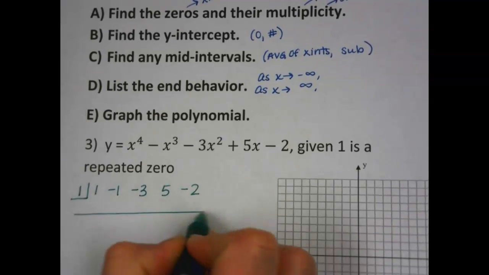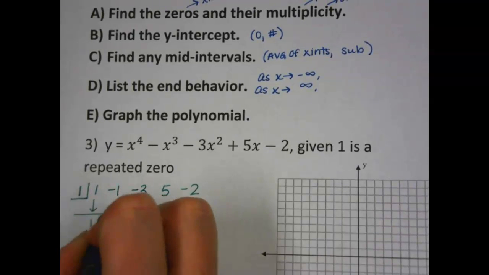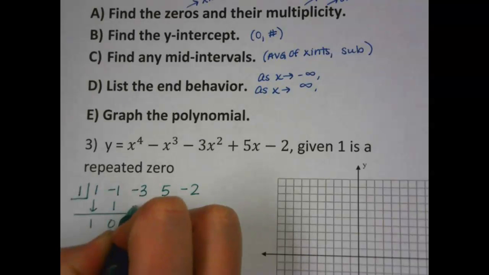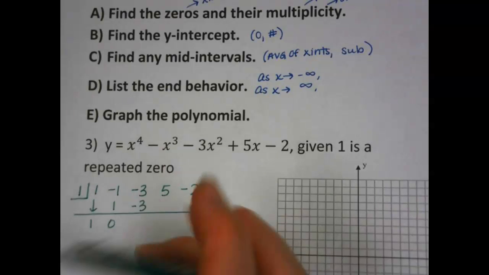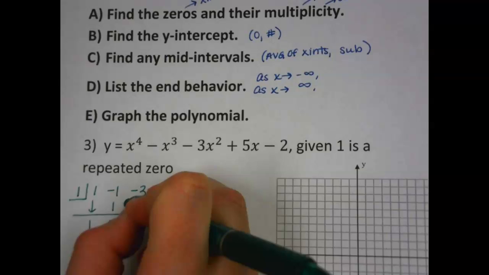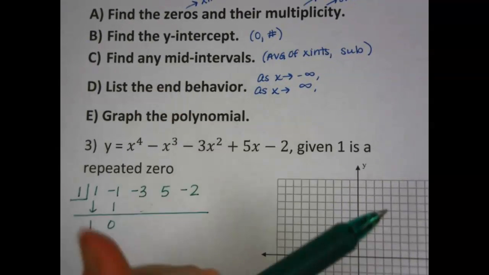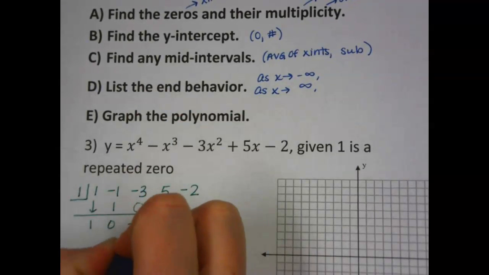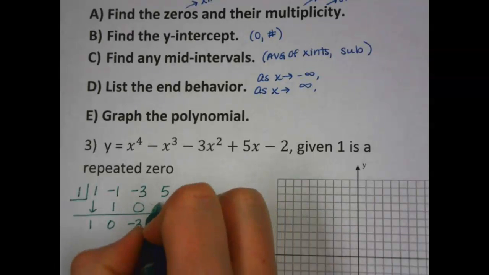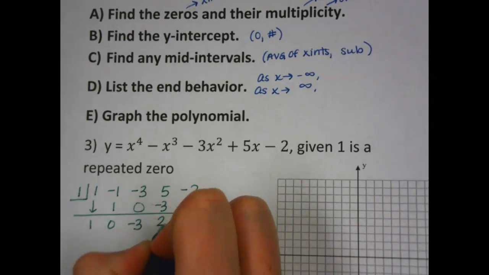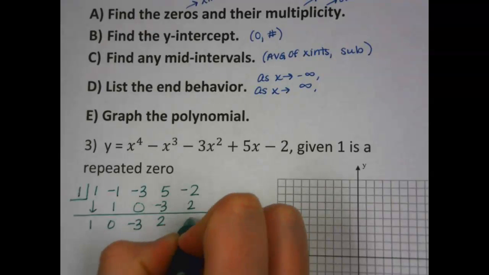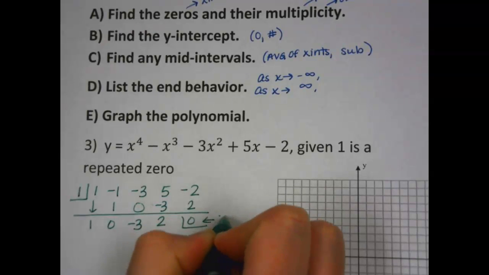Then we bring down this first one, multiply and add as we go across. Whoops, 1 times 0 is not -3. I was already adding. There we go, -3 goes there. -3, 2, and 2, we get that 0 that they told us we would get.